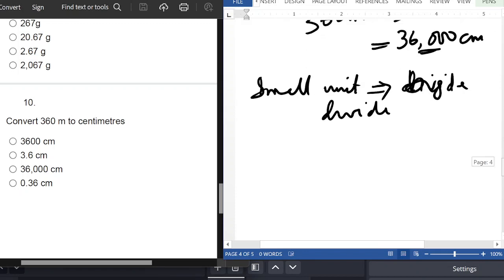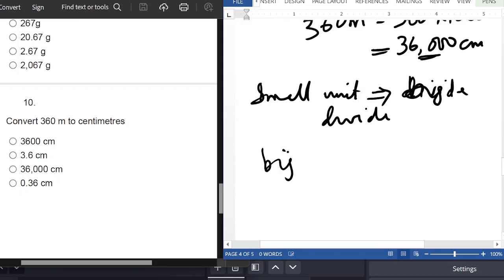And when you are changing from a bigger unit to a small unit, you multiply. That's just a shortcut to it.